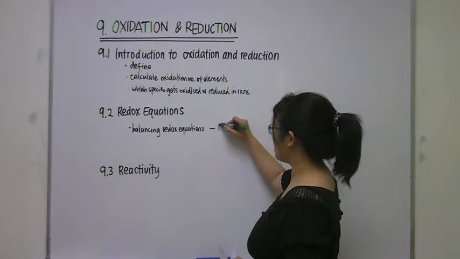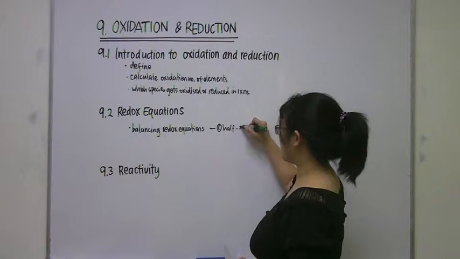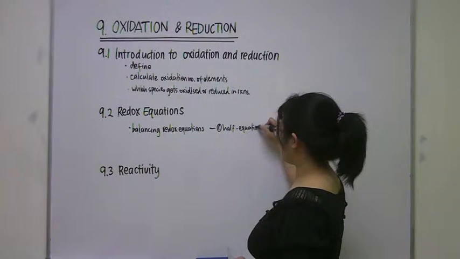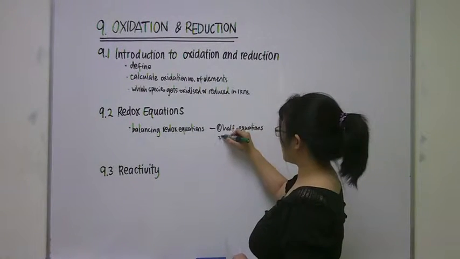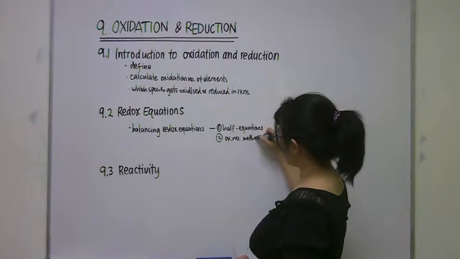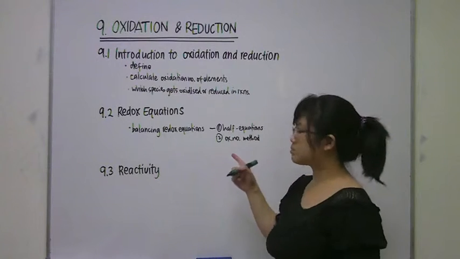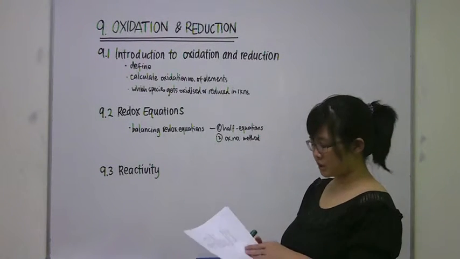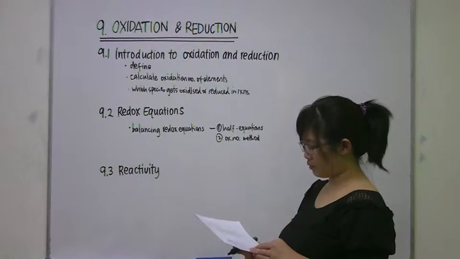One is the half equation method, and the second one will be the oxidation number method. This one will be discussed more in the question section of the video.